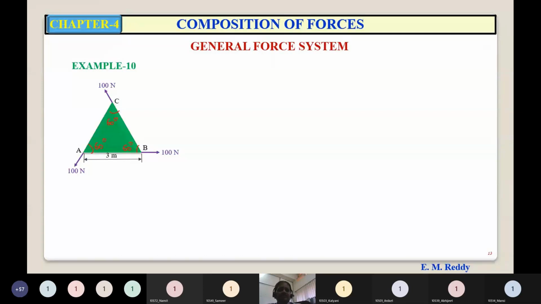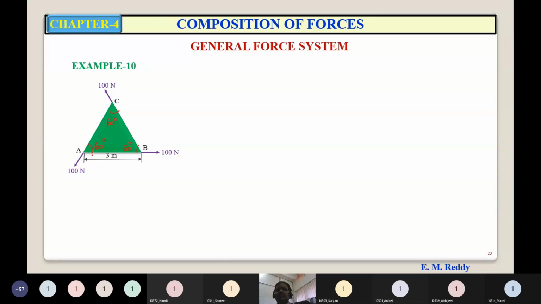It is said that it is an equilateral triangle, so all these angles are 60 degrees and the side is 3 meters. So you have to find out the magnitude and direction of the resultant with reference to point A.